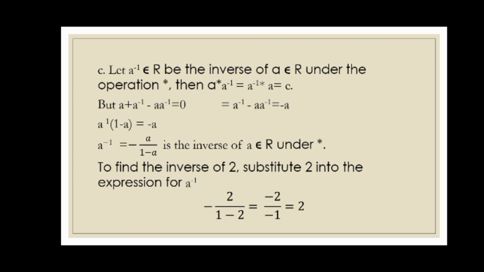So negative 2 over 1 minus 2, and that gives us negative 2 on negative 1. Cancel the negative out, and that is 2. So therefore, the inverse of 2 is 2.